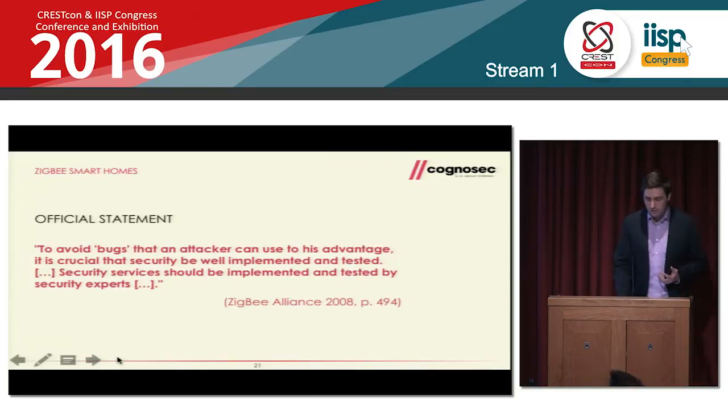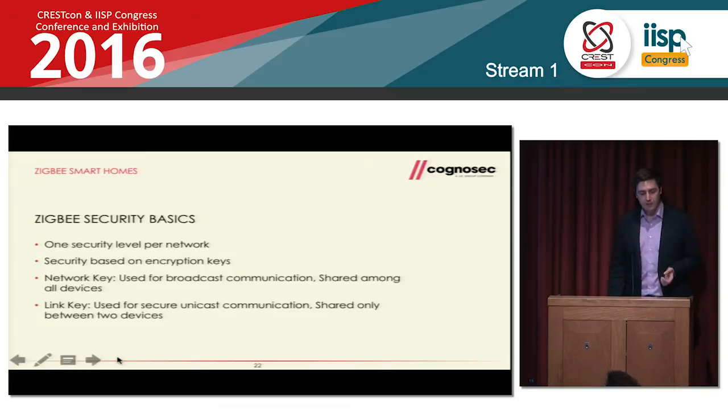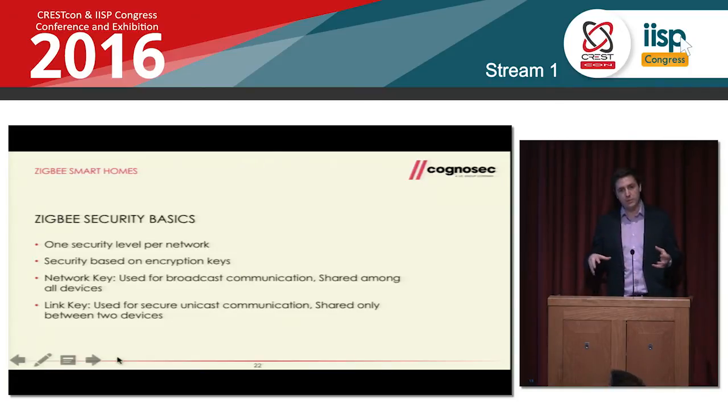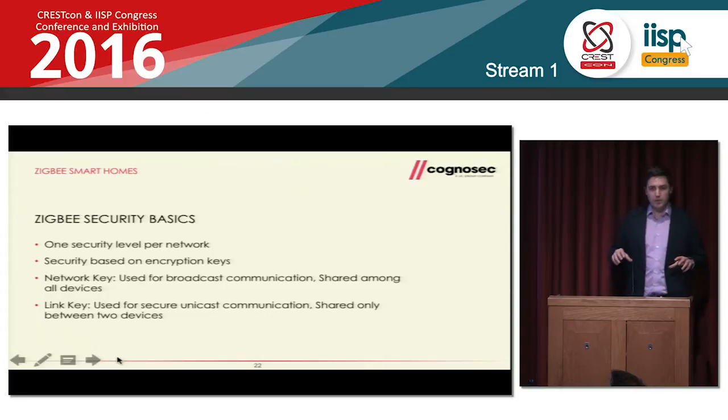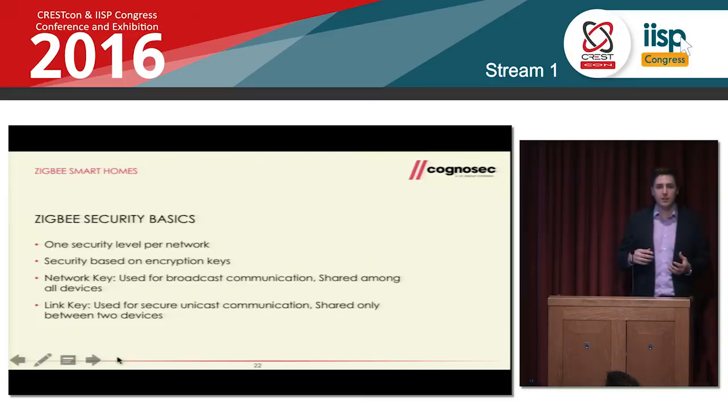They make a lot of very good recommendations in there, but as it turned out, nobody keeps to them. Now the basics: what is very interesting from a security view is that there is only one security level per ZigBee network. This means the weakest device, the one with the least capabilities, will determine your security level in the network.